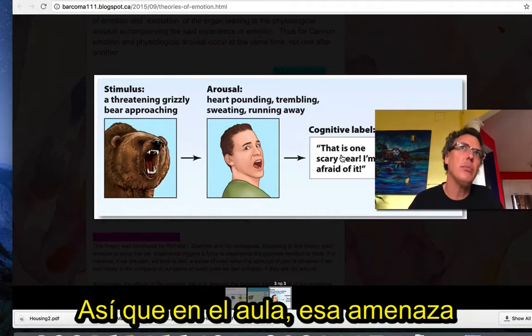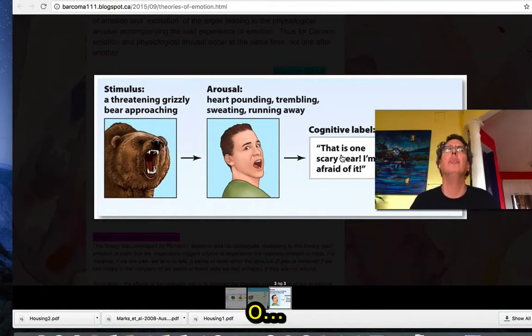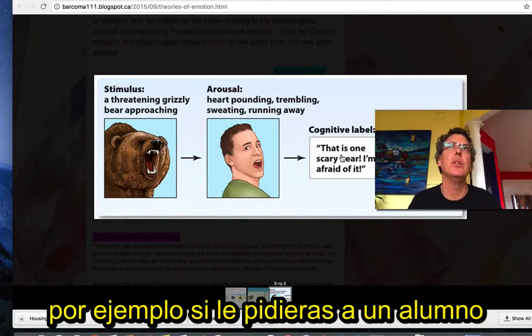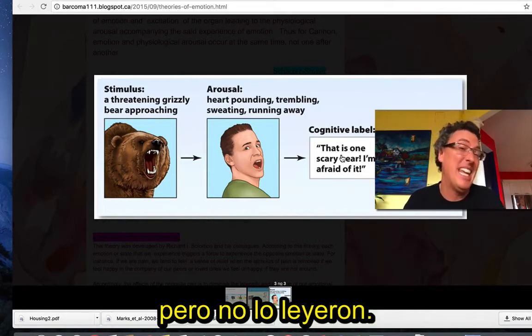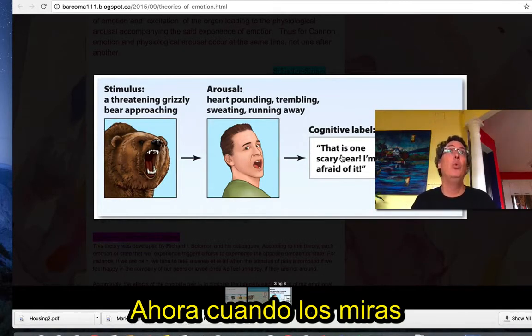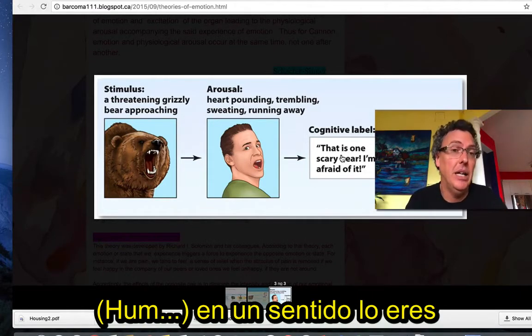So in the classroom, that threat might be more like social embarrassment. For example, if you asked a student to answer a question about something they were supposed to have read, but they hadn't read it, now when you look at them, you are threatening them in a sense.